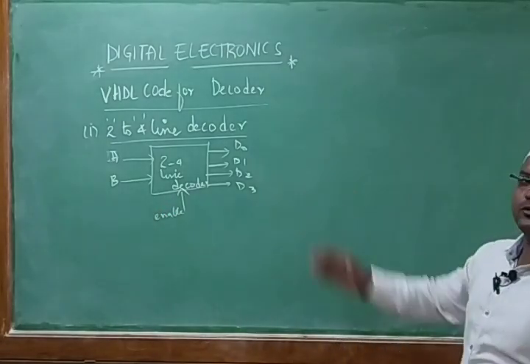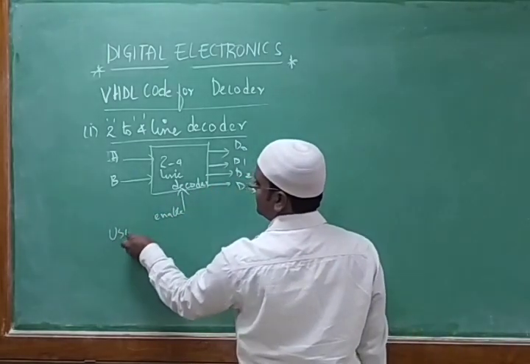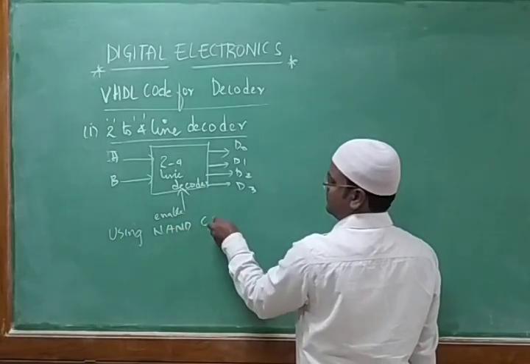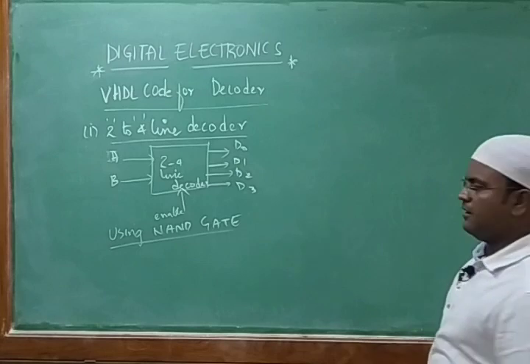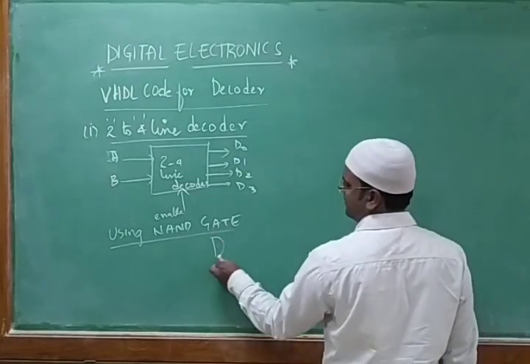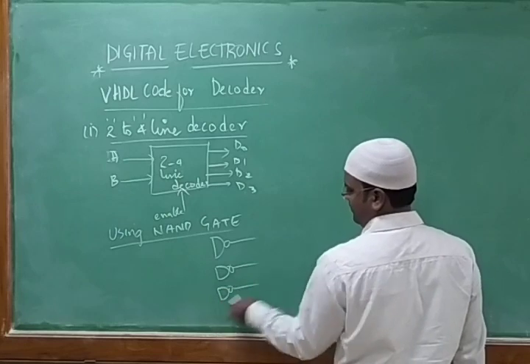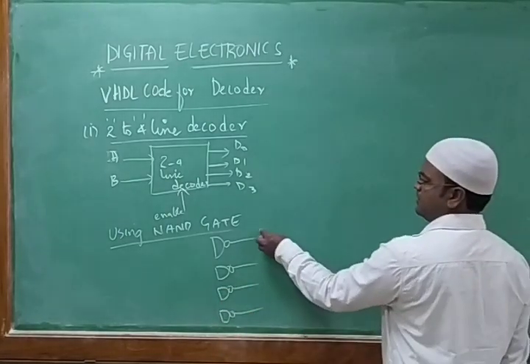So now I'm designing this 2 to 4 line decoder by using NAND gates. So how do we design it? I'll write NAND gates. Right? So what is the first output going to be? D0.